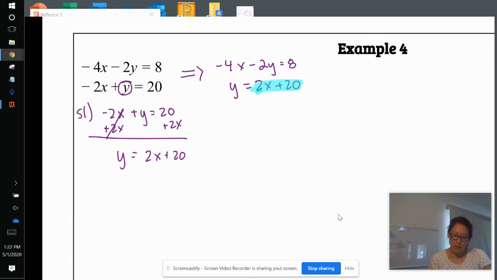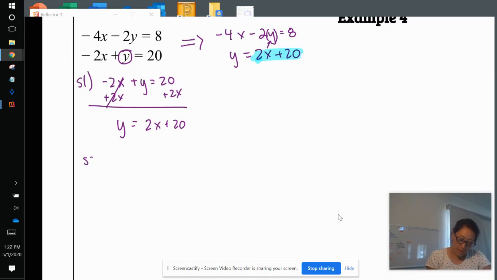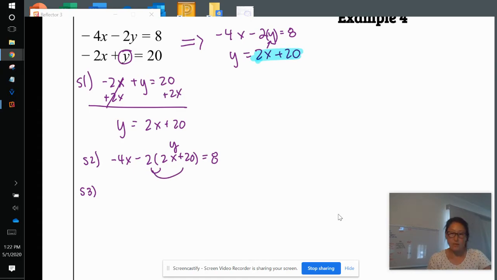I got y is equal to 2x plus 20, so I can substitute that in for y. So step 2, I have negative 4x minus 2 times 2x plus 20 is equal to 8. So basically 2x plus 20 gets substituted for y. So now I have step 3, distribute the negative 2.